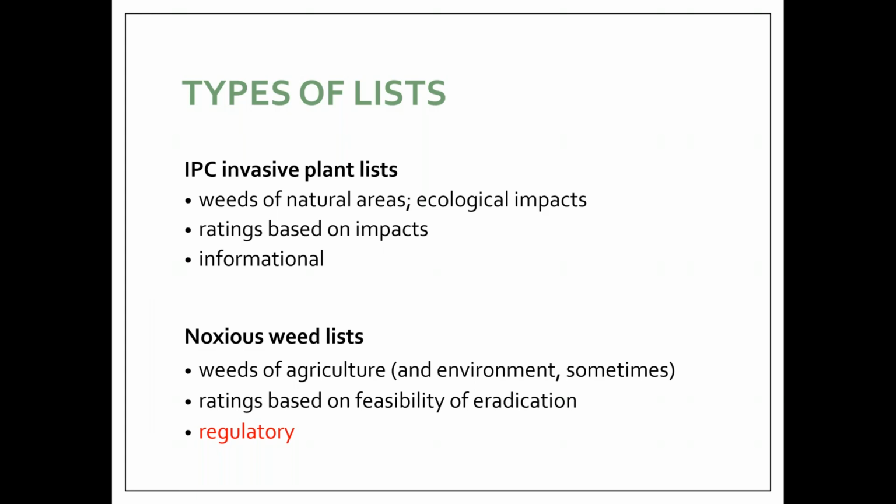Whereas state noxious weed lists, for instance, typically come out of departments of agriculture and are maybe focused on agriculture and not environment, although they might include both. And often the ratings A, B, C are based on the feasibility of eradication, so more distribution-based than impact-based, and they're regulatory.